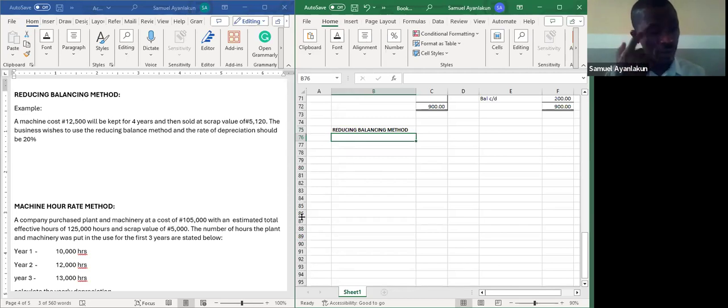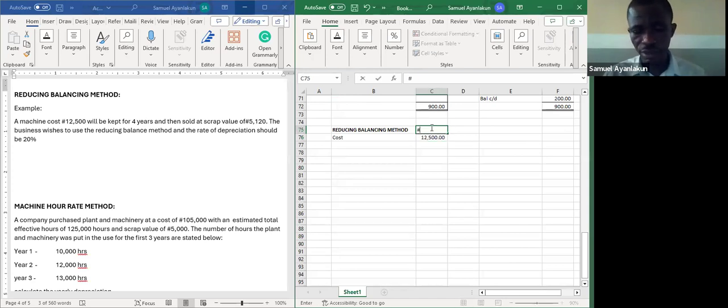First of all, what's the cost? You need to know the cost of the machine. The cost of the machine is 12,500.